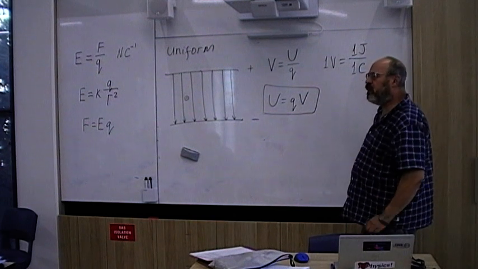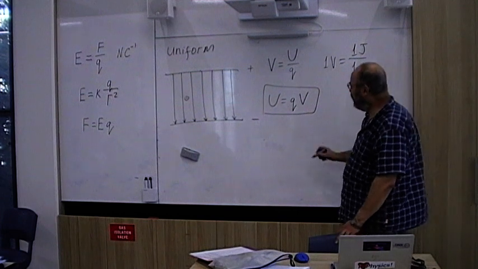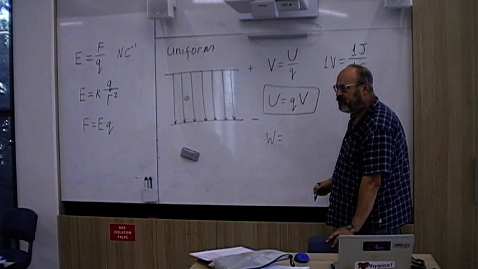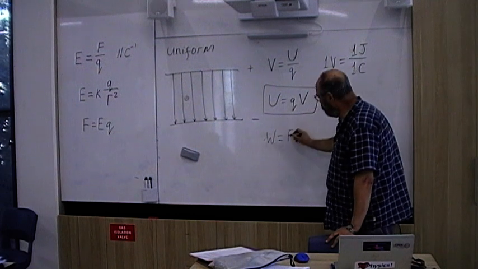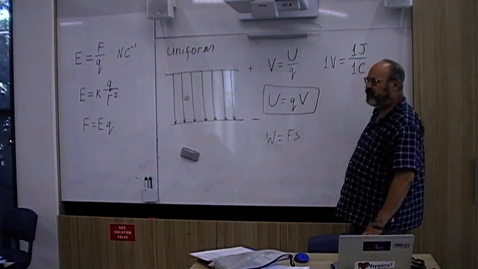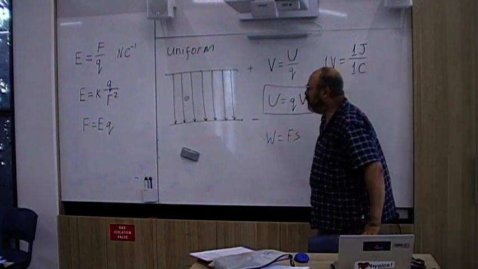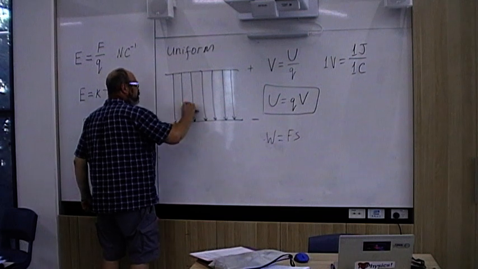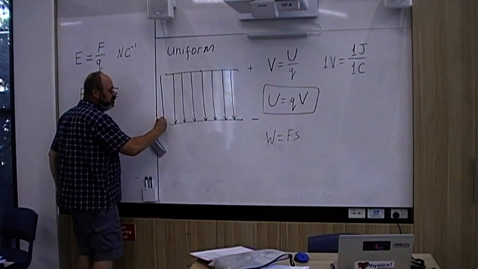Now, let's recall the formula for mechanical work. Change of energy. Yes, W equals Fs, force times displacement. Let's consider how much work is done. Let's say the distance between the plates is d.